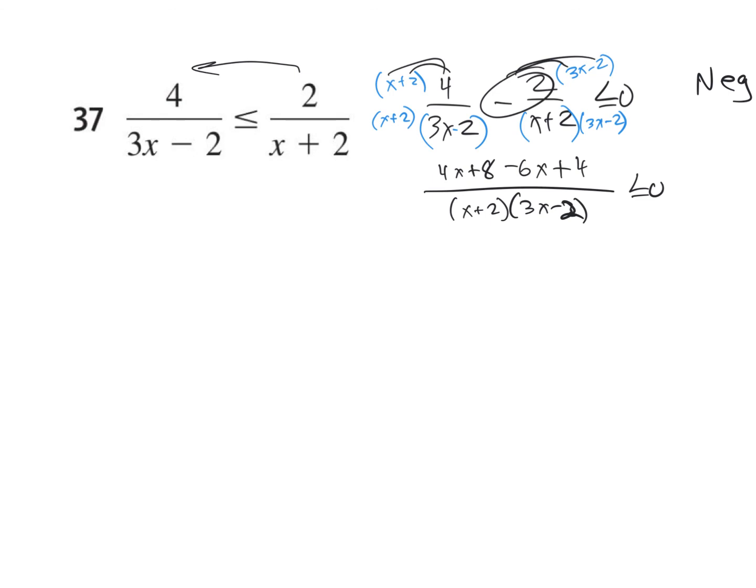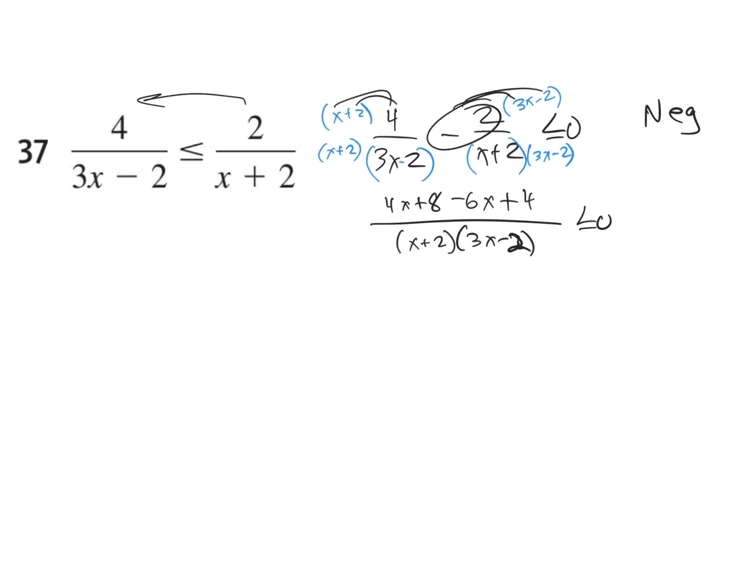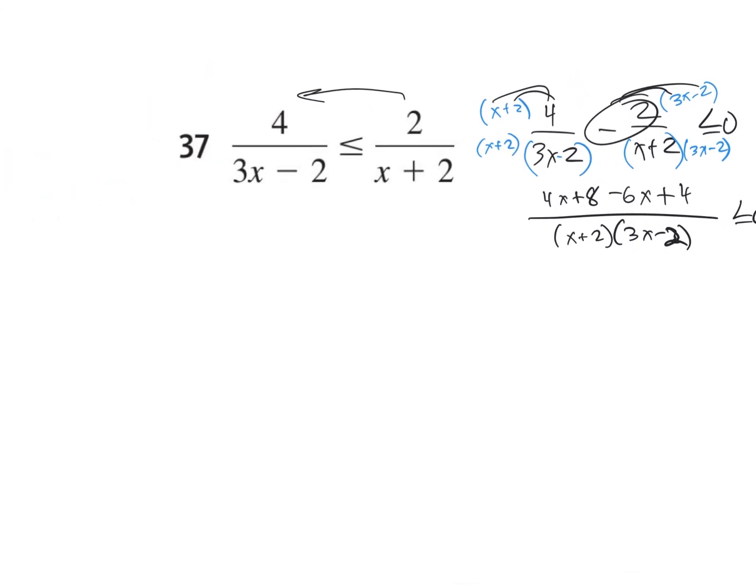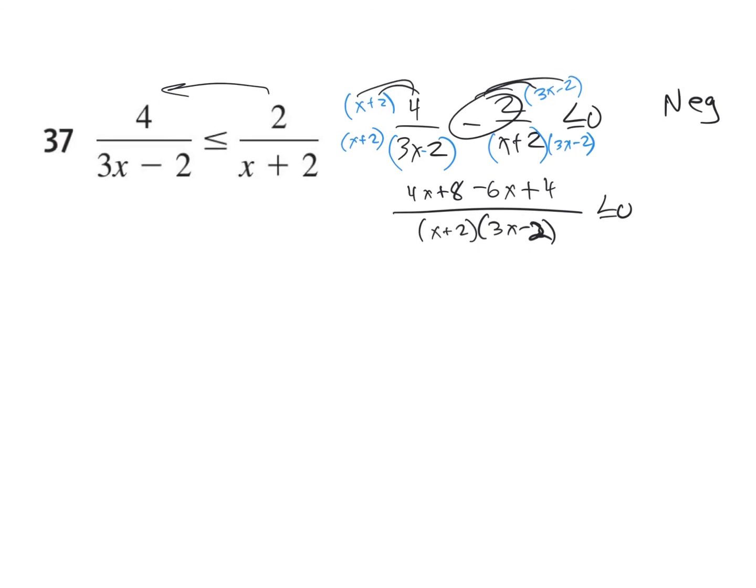All right, so now let's rewrite the top here. You have 4x and minus 6x is negative 2x, and 8 plus 4 is 12. That's going to end up being, if you factor out a negative 2, you'll get x minus 6. And then on the bottom, we still have our factors of x plus 2 and 3x minus 2, less than or equal to 0.